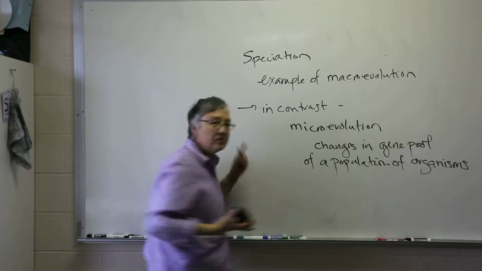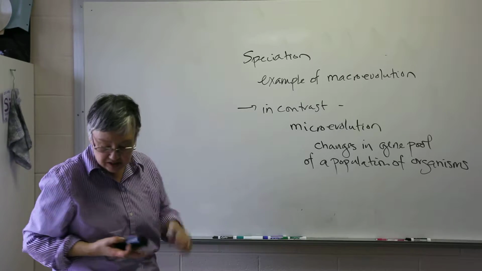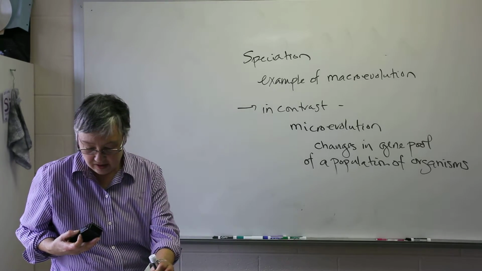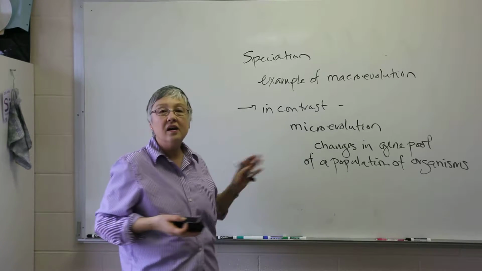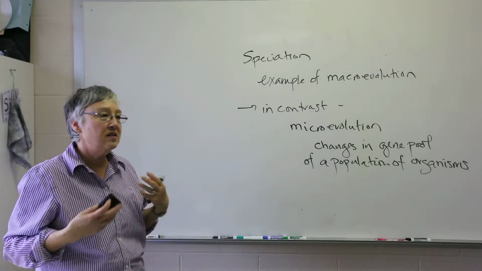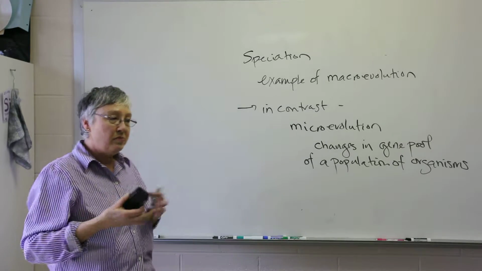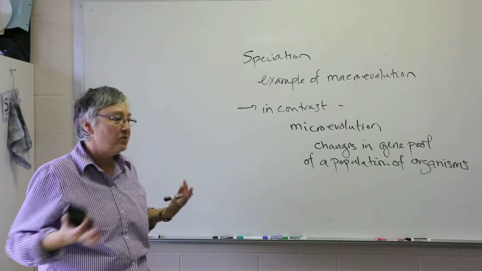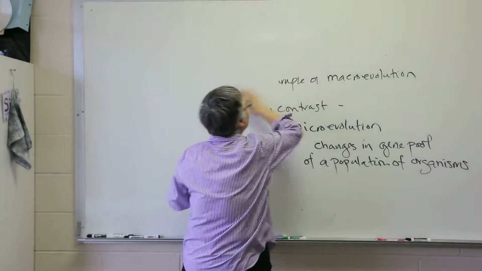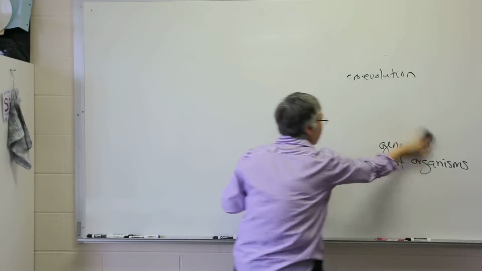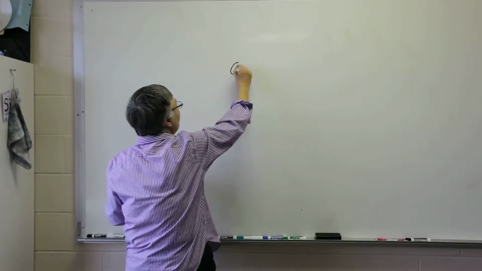Okay, one other concept I want to bring into this, and then we'll talk about examples, cases in which we can see how two species maintain separate reproductive abilities. Okay, let's go back to Darwin.